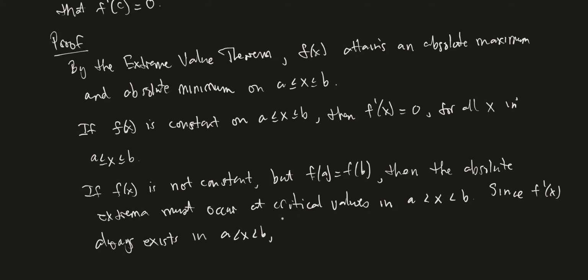What defines a critical value? Either the derivative is equal to 0 at some point, or the derivative does not exist. But because we know the derivative always exists, there is only one other possibility.